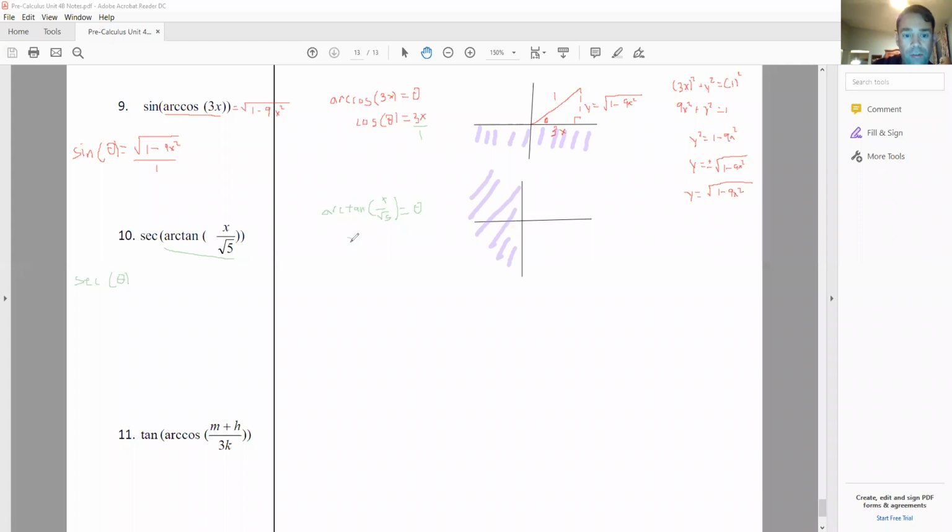So tangent of theta is x over root 5. Opposite over adjacent. And we're looking for the r value.